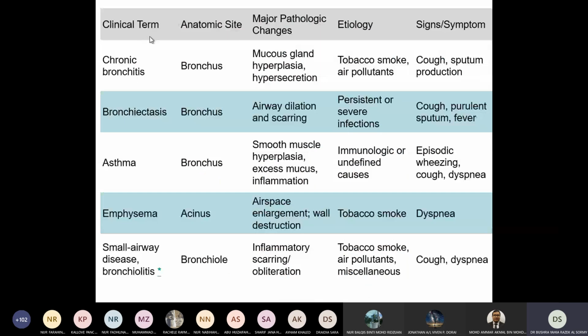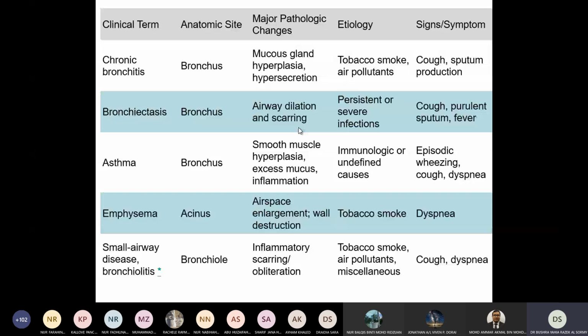In the comparison, in chronic bronchitis the anatomical site is the bronchus, and there is usually mucus gland hyperplasia and hypersecretion. The etiology, as we said, is tobacco, and the signs and symptoms are cough and sputum production. In bronchiectasis, the main site is the bronchus, and it is due to airway dilatation and scarring.